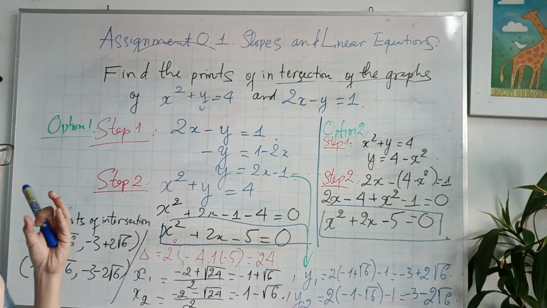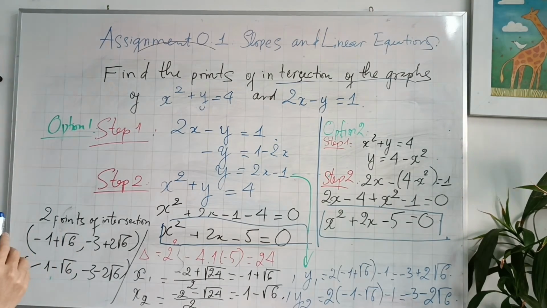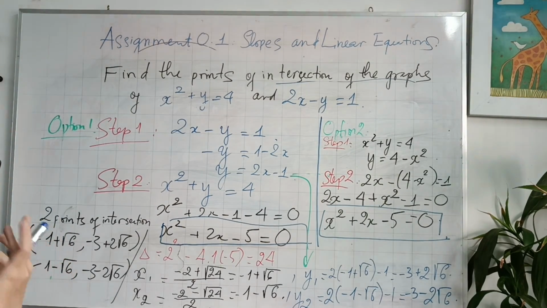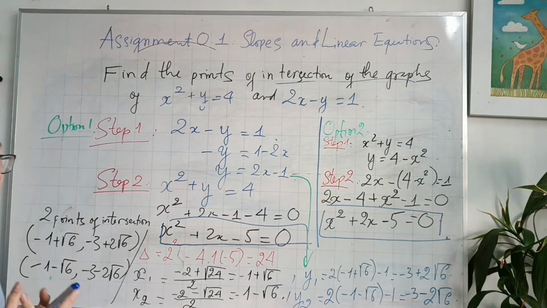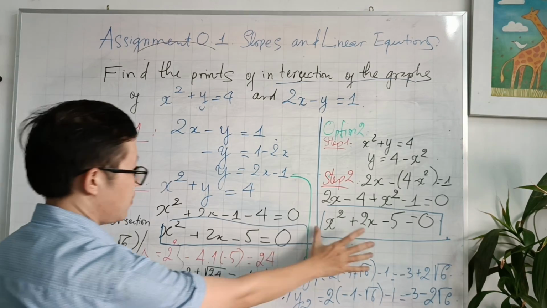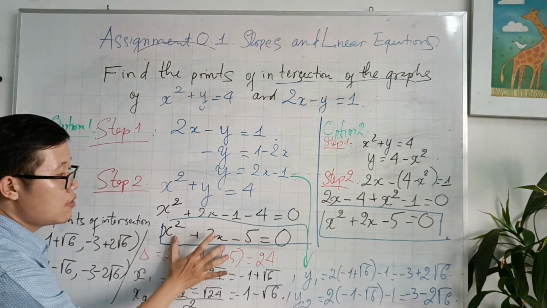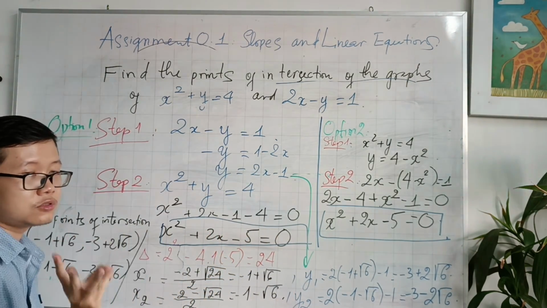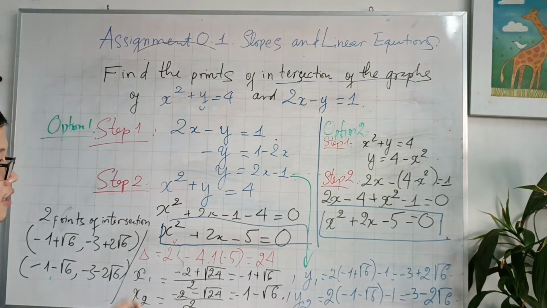So the intersections of a parabola and a linear equation must have 2 points, 1 point, or no points. So it is the same meaning as the solutions of quadratic equations, where we also have two solutions, one solution, or no solution.